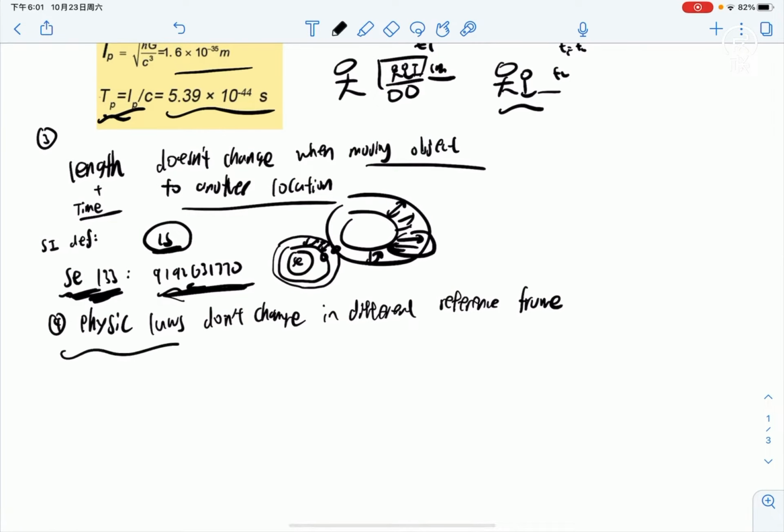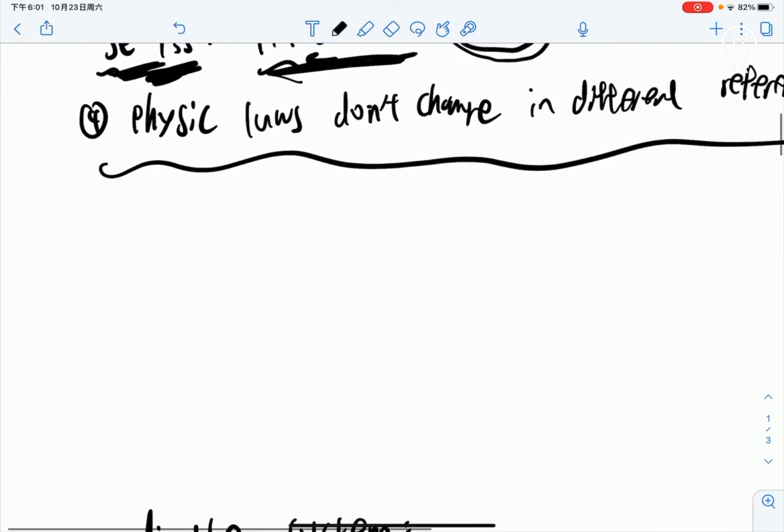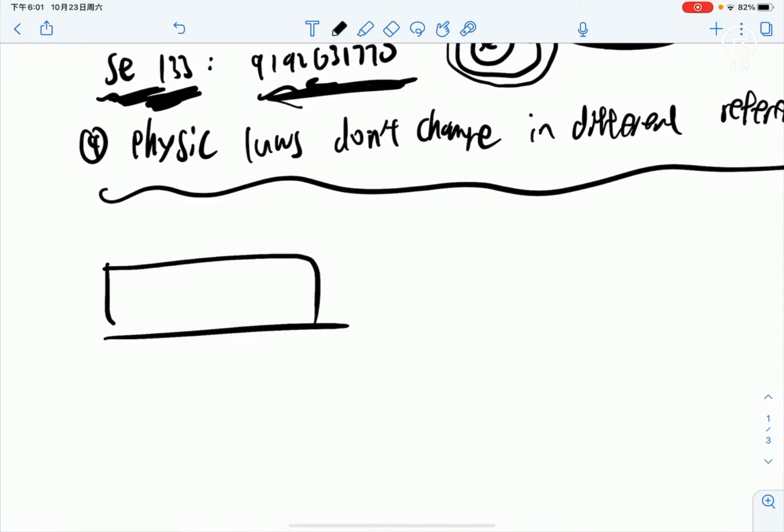And the fourth assumption we have is that physics laws don't change in a different reference frame. What I mean is that if you have a mass of an object over here and you push it with a force of F, you get an acceleration of a.